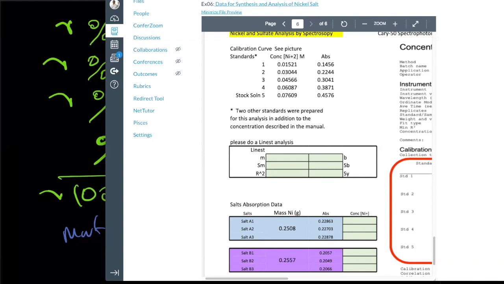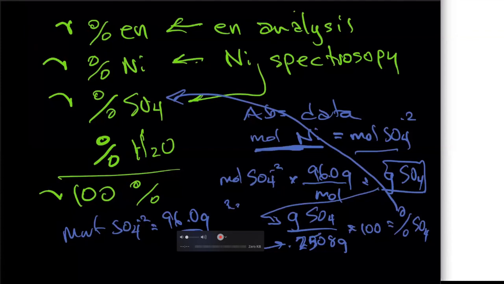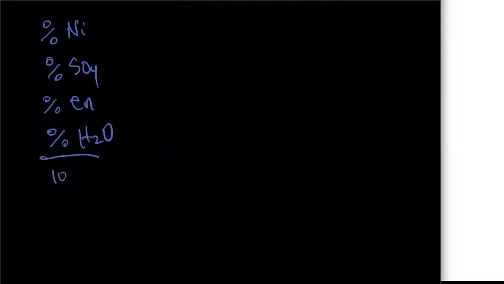Sure. Let's go back here. We're almost done, okay? We're almost done. The rest of this is chemistry 200. But let me remind you, if you forgot, if you've got the percent of the nickel, the percent of your sulfate, the percent of your ethylene diamine, and the percent of your water, and by the way, all of that should add up to 100.